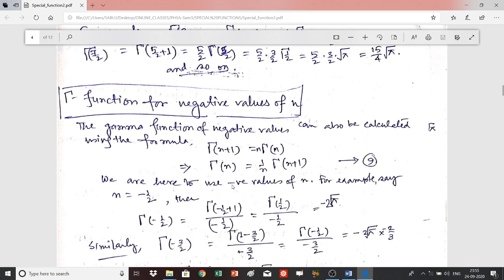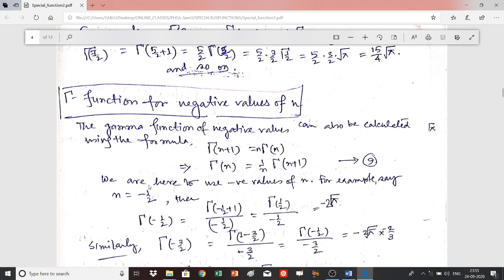Now for negative values of n, we wish to find out the gamma function. And you know from the relation that gamma n plus 1 is equal to n gamma n. You are familiar with this identity. And from here you can write gamma n is equal to 1 by n, gamma n plus 1. This is equation 9.